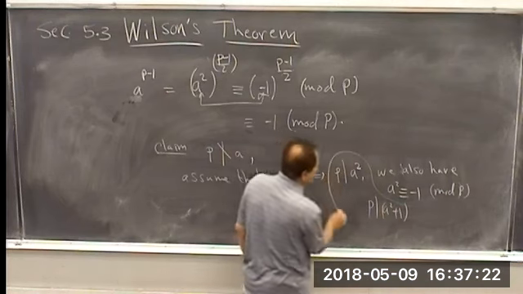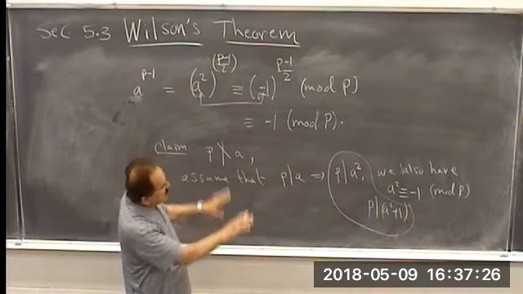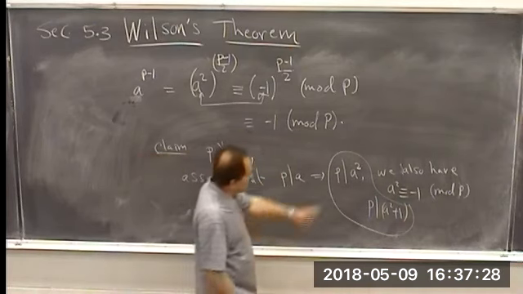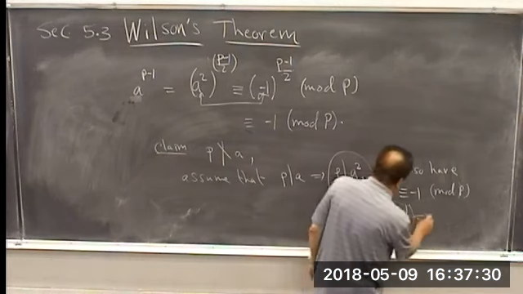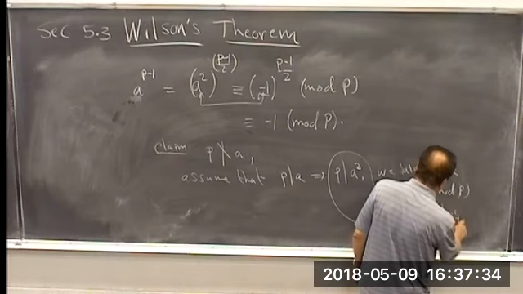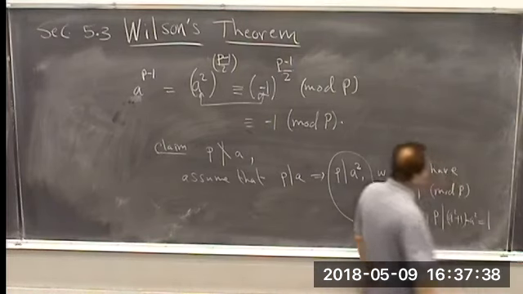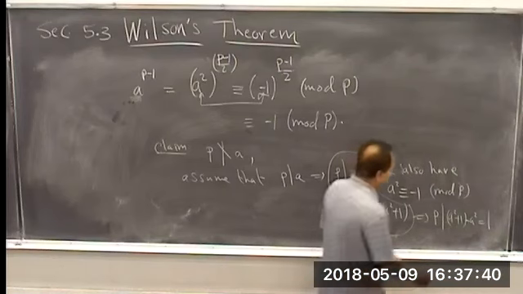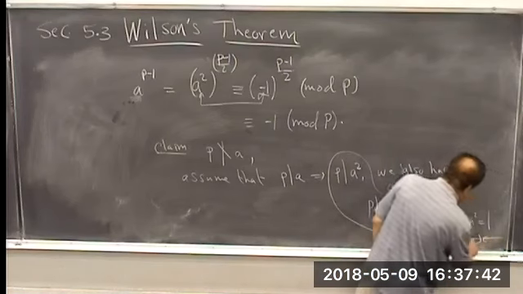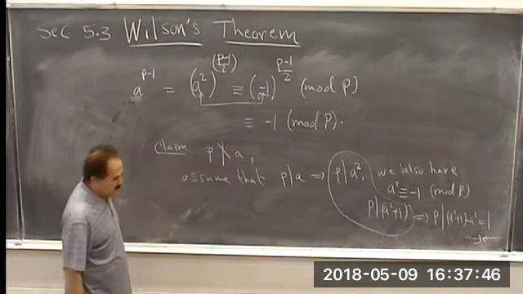These two divisibility relations, then P divides a combination of these. So this implies P is going to divide a squared plus 1 minus a squared, which is equal to 1, and definitely this is not a correct statement. Okay, so this is a contradiction, which means that the claim here is valid.